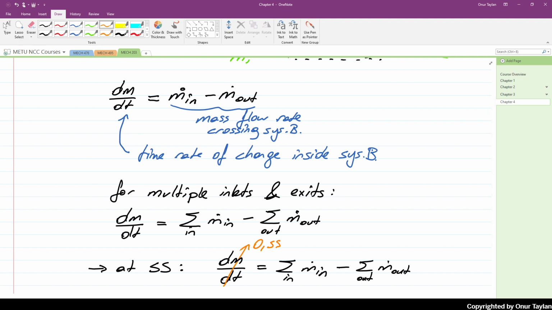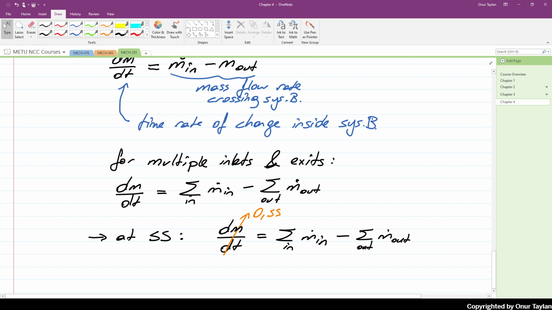There are no mass changes. Therefore, as you can see from this equation, the m dot ins are equal to the m dot outs. If we add some mass to the system, the same amount of mass leaves the system. So there are no mass changes in the system. This is steady state.